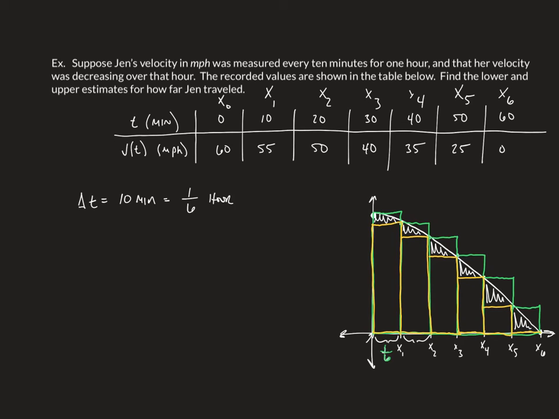All right, so we'll redo our sum. Our sum, which we're using to represent distance here, is still going to be the sum of 6 rectangles. This time, we're using the right endpoints times delta x. And so the way that I'm going to represent this is, again, 1/6 is the constant that I'm removing from this whole sum. And now I'm going to add the values of each of these numbers.